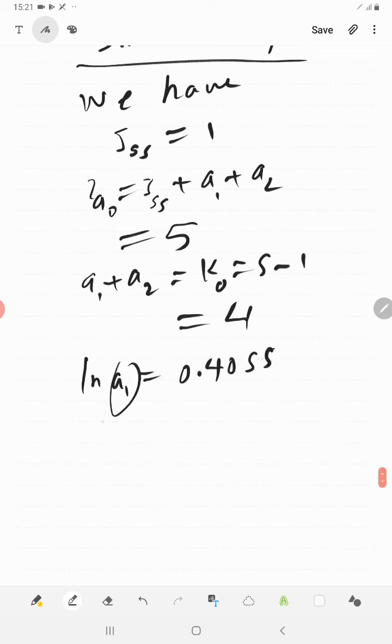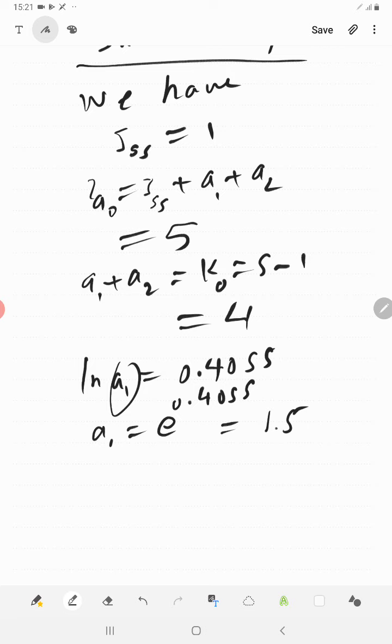From this, we obtain A1 equal to e to the 0.4055, which is, I think, 1.5. So we obtained that experimentally. That's A1.